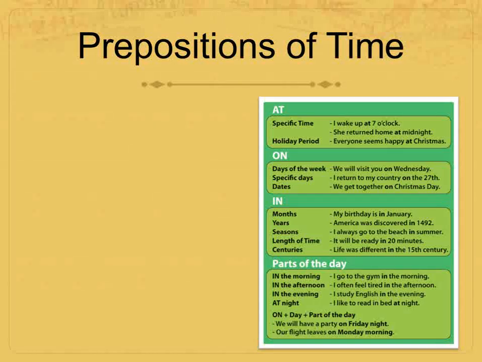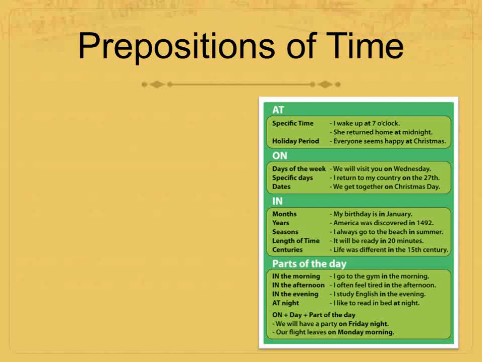When we just have a month or a year, for example, we will use in. Okay, so in January, in September, in 2012. Also for seasons, for lengths of time, and for centuries, we will use in. Parts of the day, in the morning, in the afternoon, in the evening.